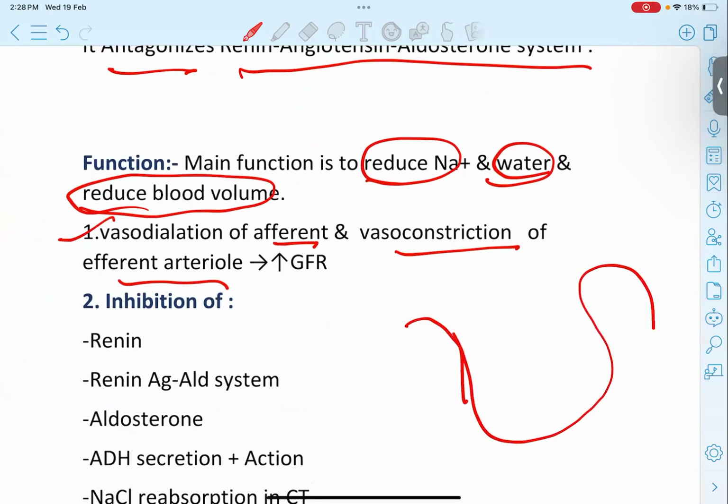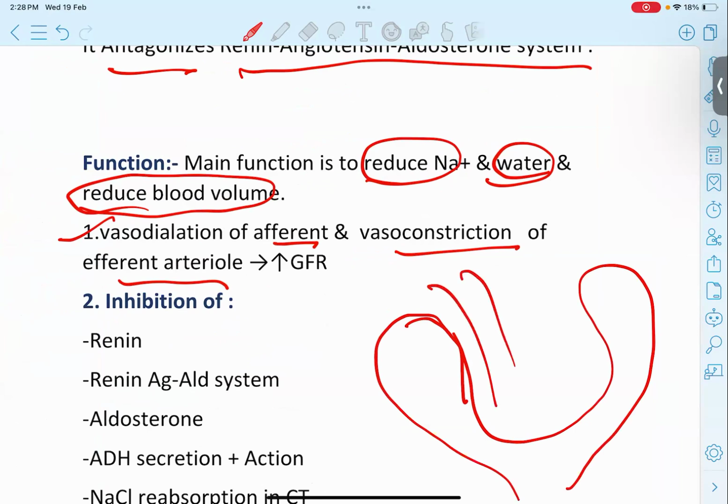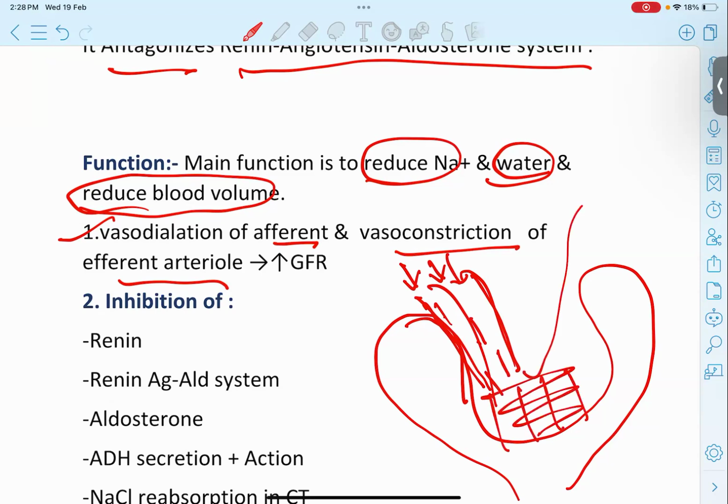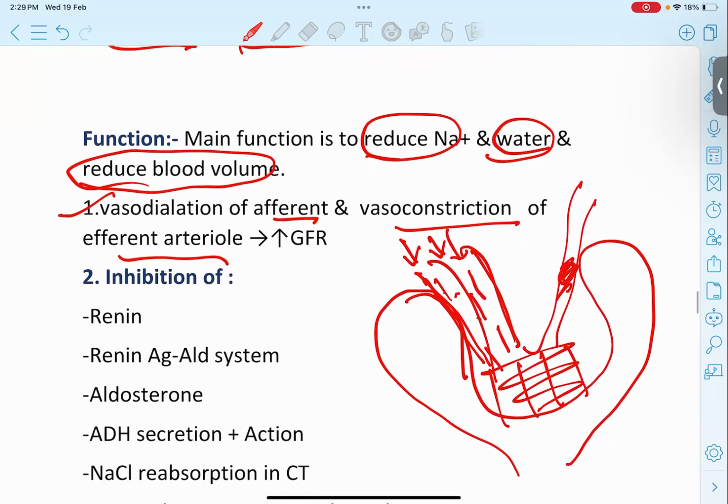Though I have discussed this multiple times, let me show you again. With vasodilatation of the afferent, a big volume of blood will pass through the afferent and reach the glomerular capillary, but there is constriction of the efferent arteriole, so it cannot escape that way.